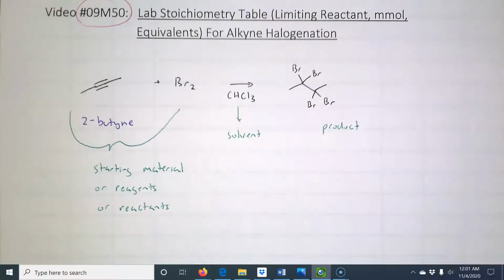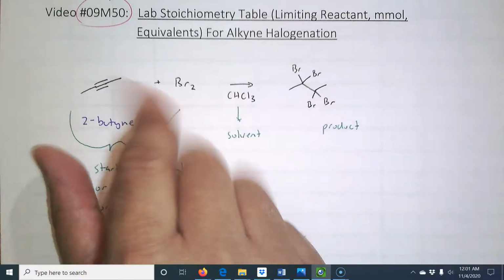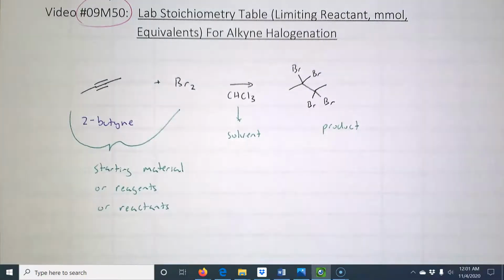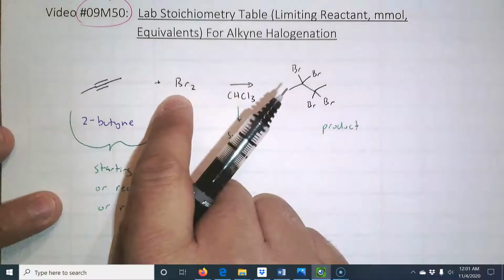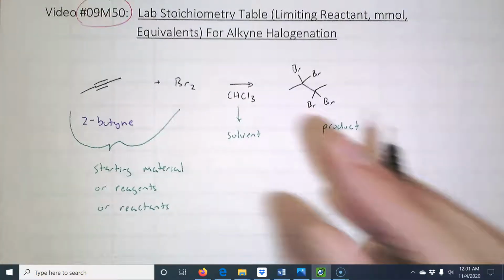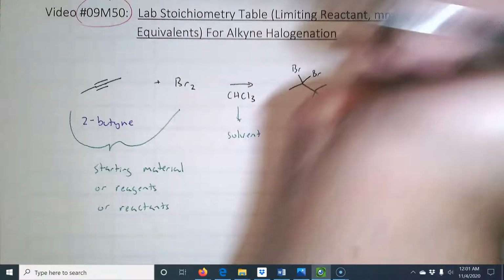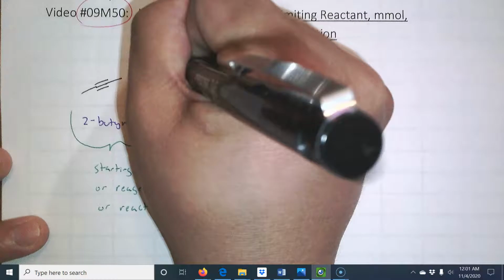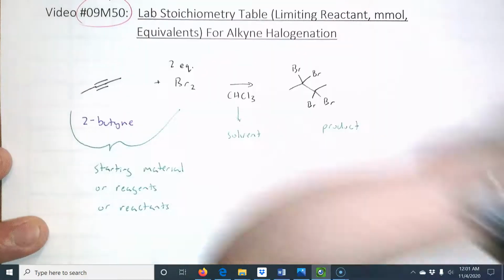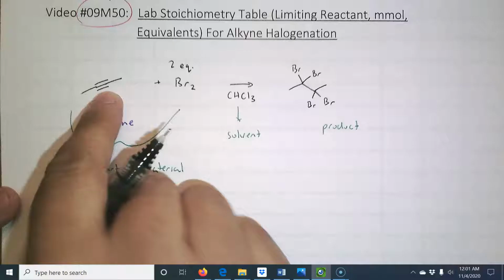In organic chemistry, normally you don't put coefficients next to your compounds, but remember how I said that we need 2 bromine molecules? Sometimes instead of putting 2 for the coefficient, your professor or the textbook may say 2 EQ, 2 equivalents, and you're going to assume that there's this 1 equivalent.